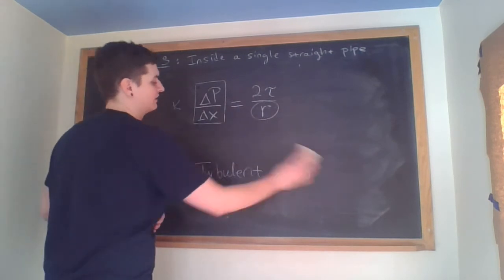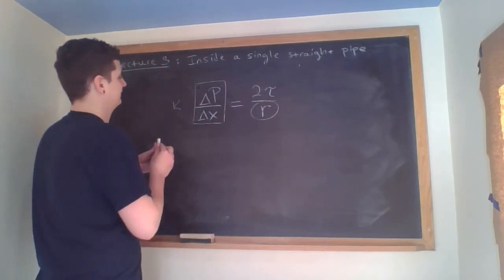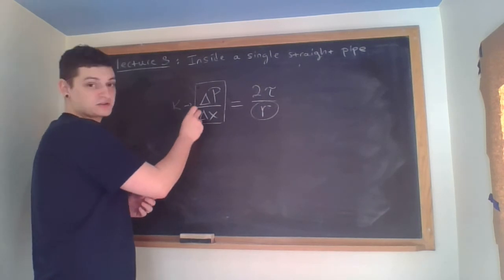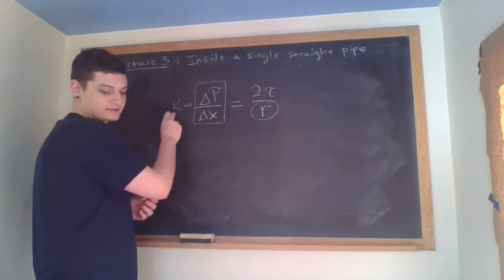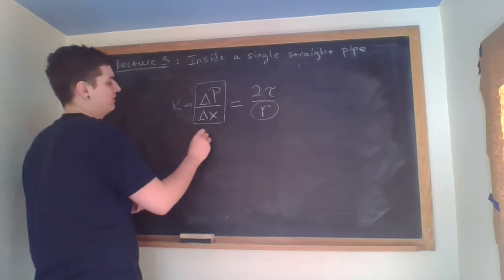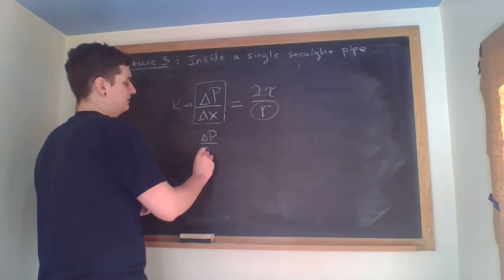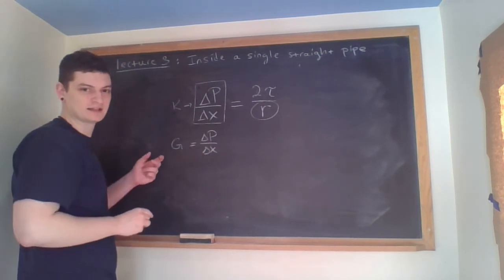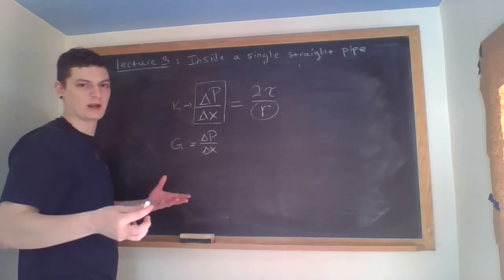So let's keep going using this idea that for the fully developed flow, I knew that this pressure gradient was actually equal to some constant value. So I have K in the notes. Sometimes people call it a G, I think, to remind themselves that it represents the constant pressure gradient.